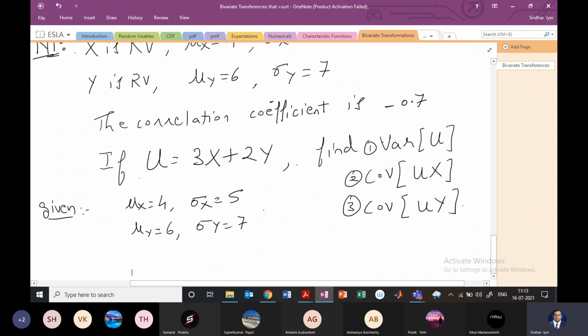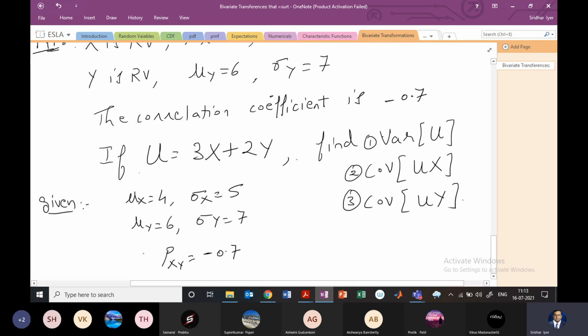What we are also given is the correlation coefficient, which we denote as rho xy, which is negative 0.7. I had mentioned this to you before also. In many books, you'll find this as rxy. Any of these are okay, but I am only denoting it as rho x.